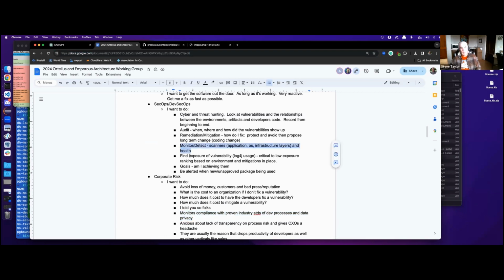Between all these different personas, we're going to see where the overlaps are and make sure that when we build out the dashboard and the UI/UX, that is one of the main priorities that we address first because it spans multiple personas.